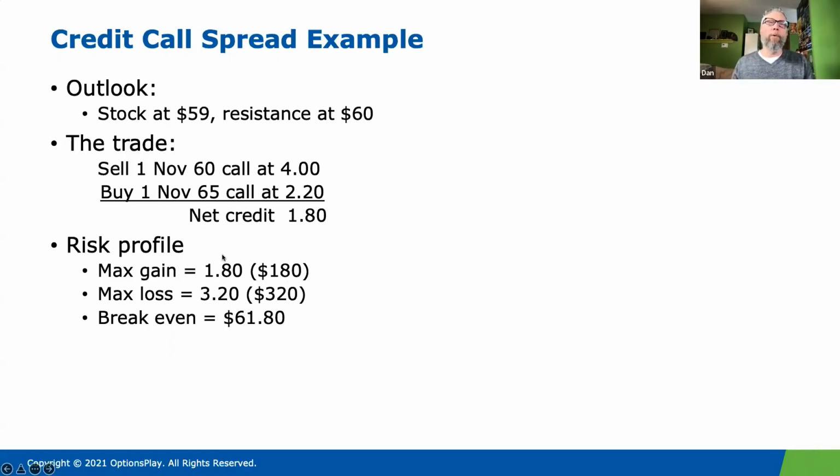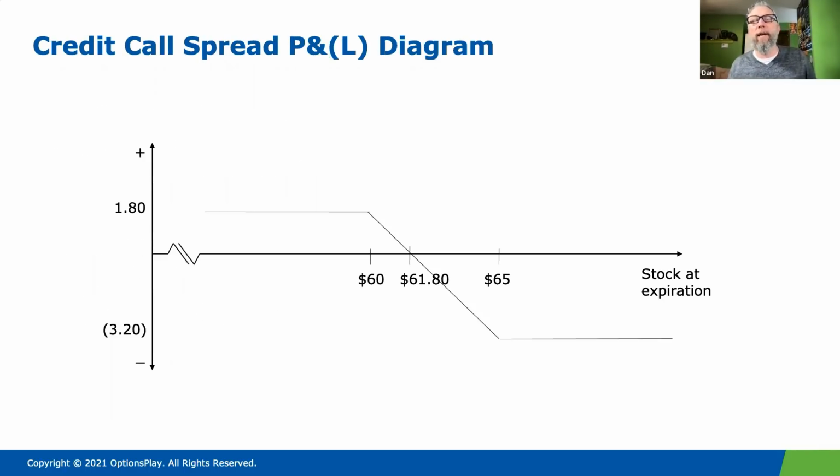Well, we sell these options, we collect $1.80, and if the stock ends up staying below $60 a share and at expiration is still below $60 a share, all those options would expire and the $180 that I collected is mine to keep. So that's why that would be our maximum profit.